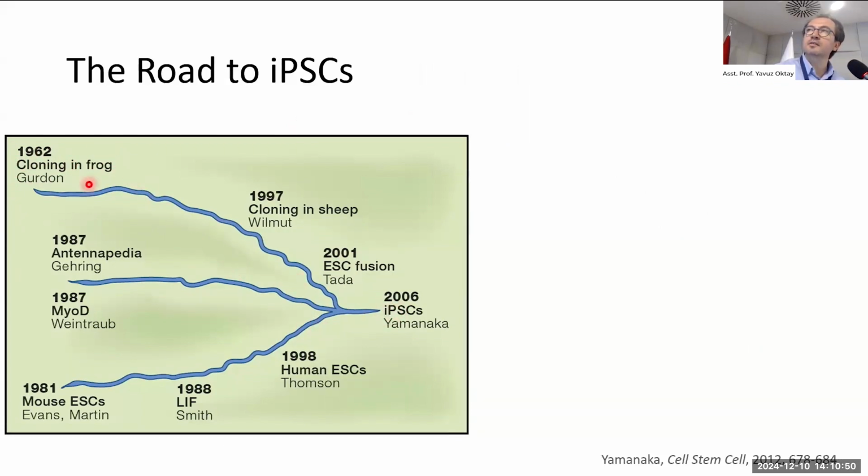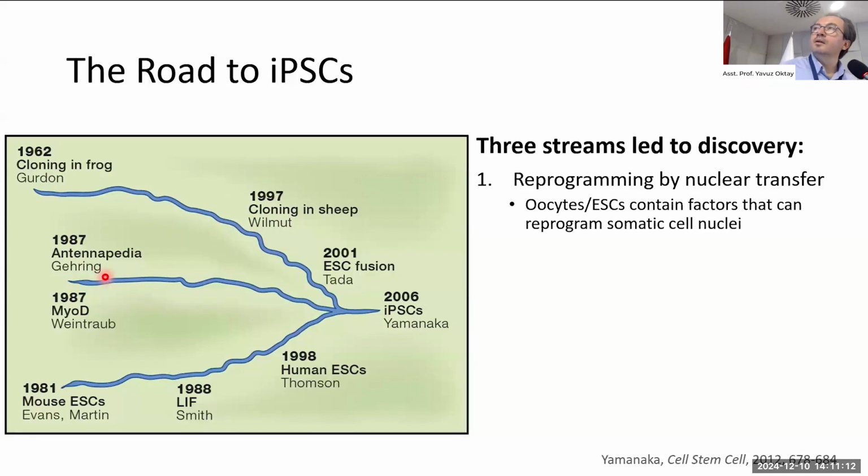So it started, as I said, in the 1950s and 60s with these frog experiments, which were followed in the 1990s by the famous sheep Dolly, showing that somatic cell nuclear transfer can be done in mammals, actually. And another road was that, actually, I have some text here.